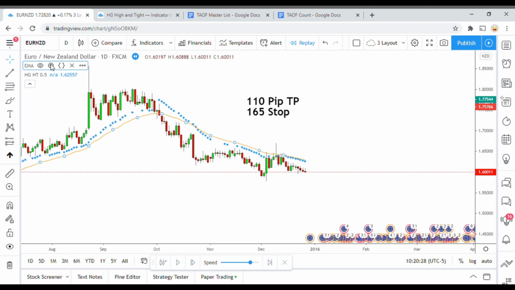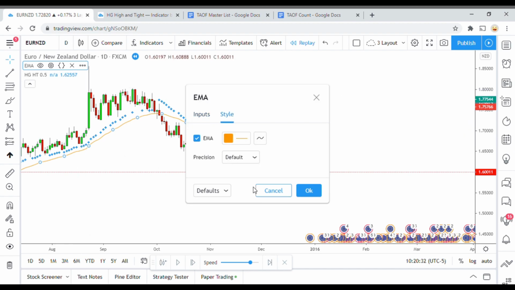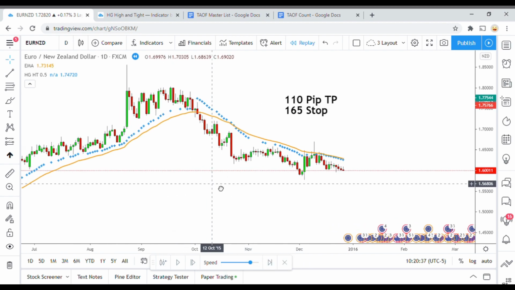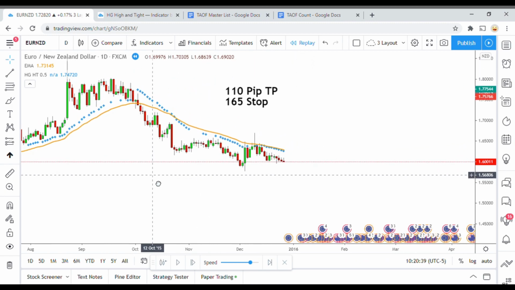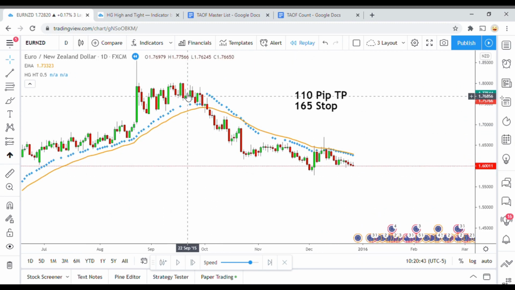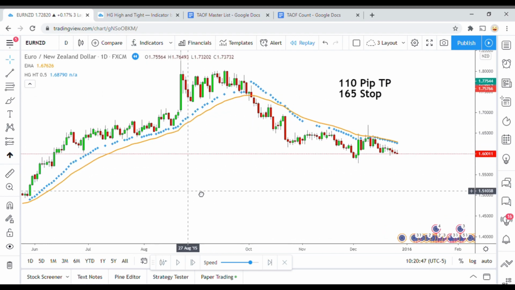But what I have done is I have placed an exponential moving average. This is a 40 period, and so that way it just gives us an idea of trend direction. It's a little bit slow. It's not really fast.